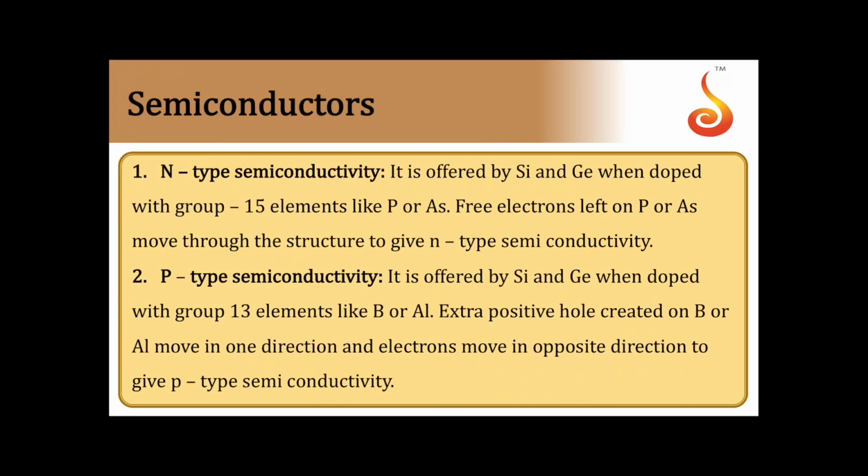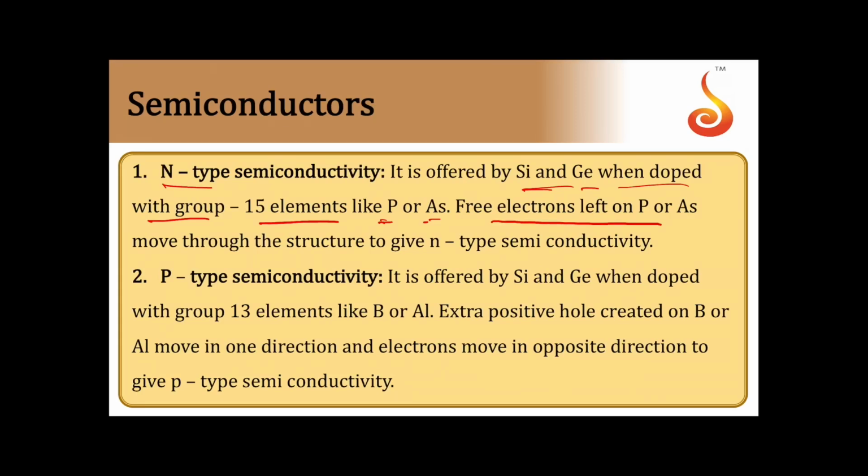Then comes another important feature of 14th group elements: a semiconducting property, especially in silicon as well as germanium. Coming to n-type, it is offered by silicon and germanium when doped with 15th group elements like phosphorus and arsenic.